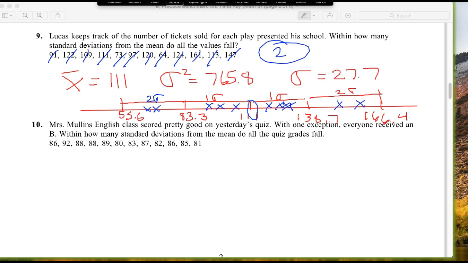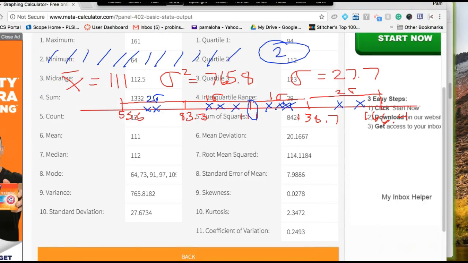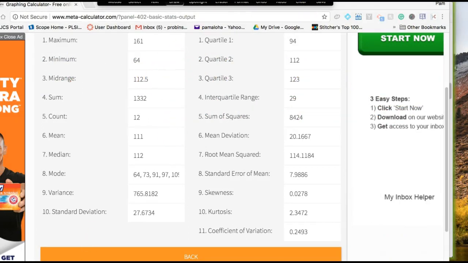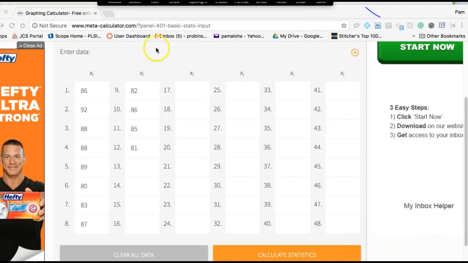So once again, let's go ahead and pull up our MetaCalculator, and let's clear this off. I'm going to clear these values out. All right, I'm back here at the MetaCalculator, and I entered all of these quiz grades. They're all mostly B's. There was one A value, so I entered all 12 values.